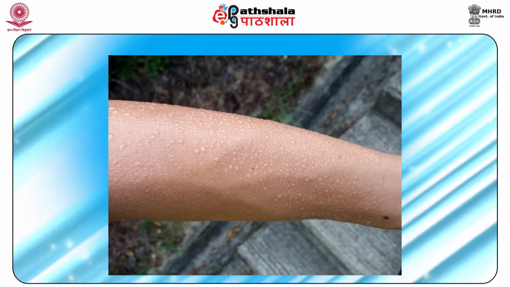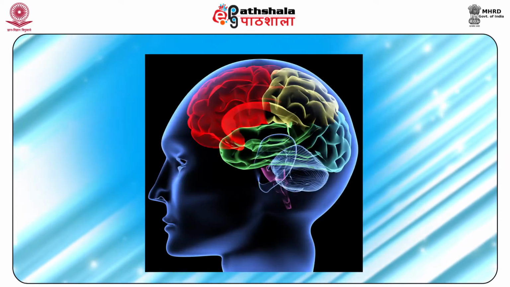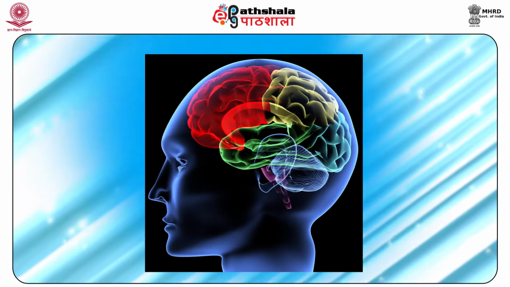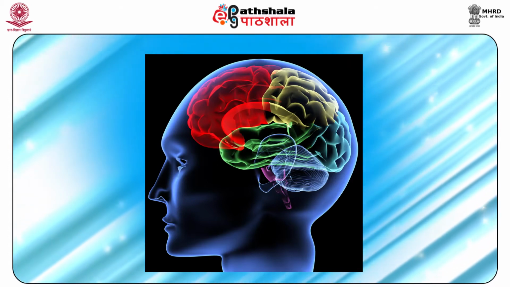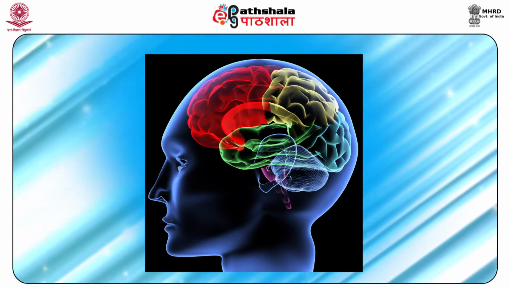Sweating is controlled from a center in the preoptic and anterior region of the brain's hypothalamus, where thermosensitive neurons are located. The heat regulatory function of the hypothalamus is also affected by inputs from temperature receptors in the skin.